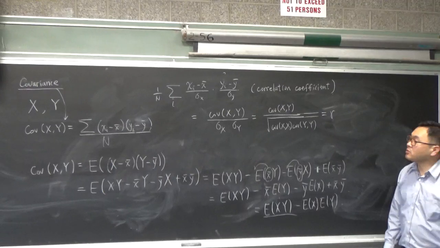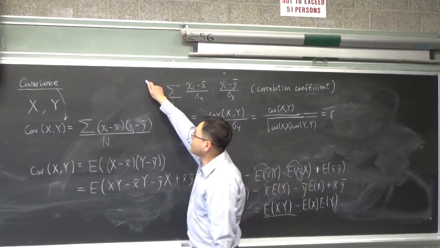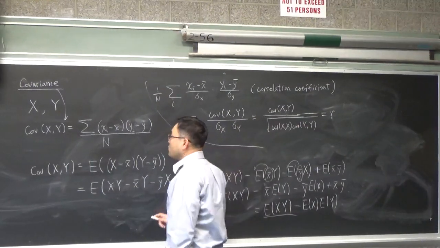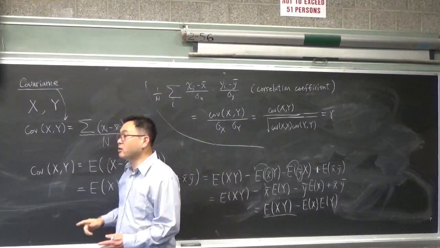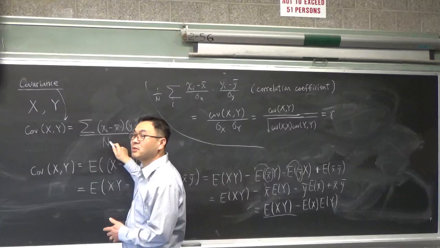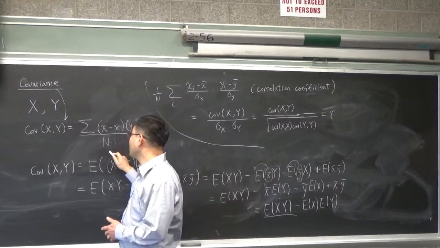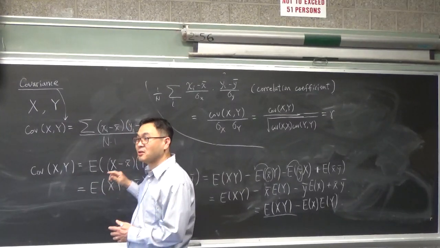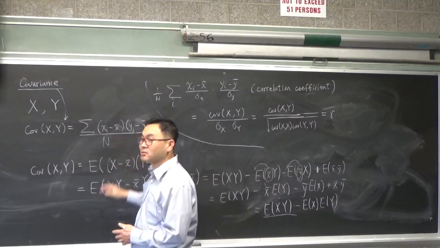Okay, and then sometimes you may see the formula for the covariance where they don't divide it by n, but rather they divide it by n minus 1. Why? Why would people do that? Bessel correction? Bessel correction, yes.